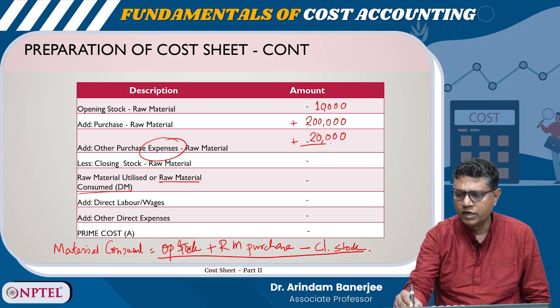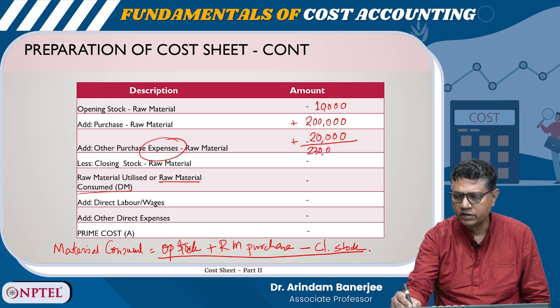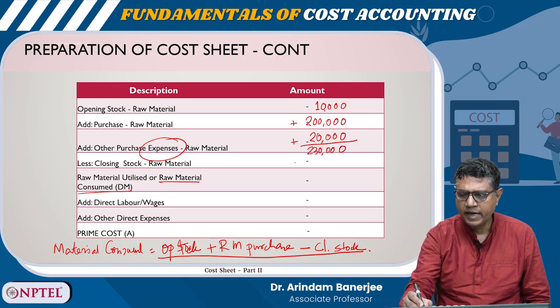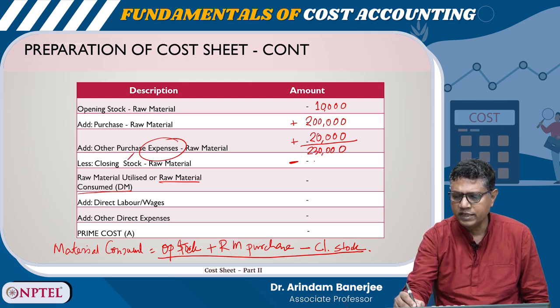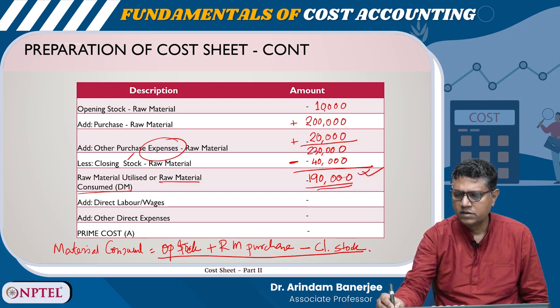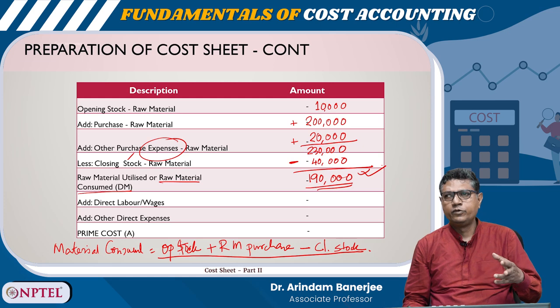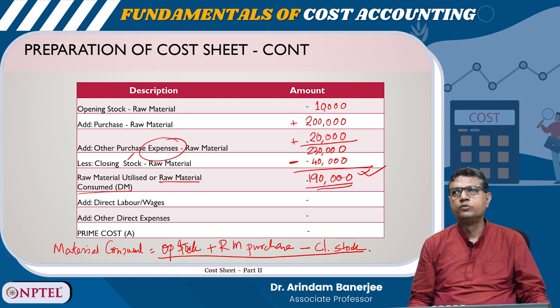So the total is 2 lakh 30,000, minus the closing stock. Suppose the closing stock is 40,000. So what is the material consumed? 1,90,000. That is how we can calculate the raw material consumed.